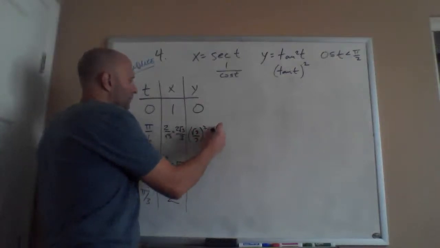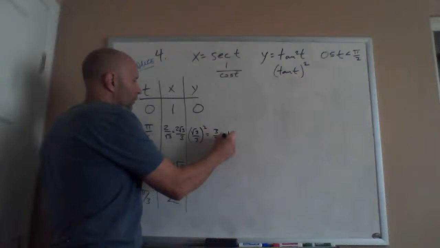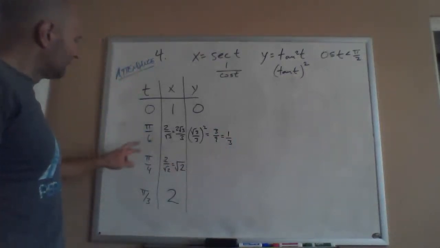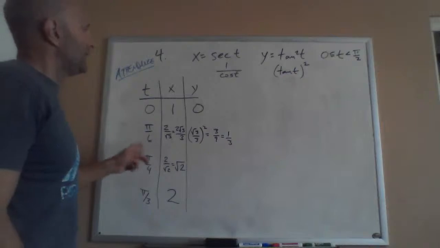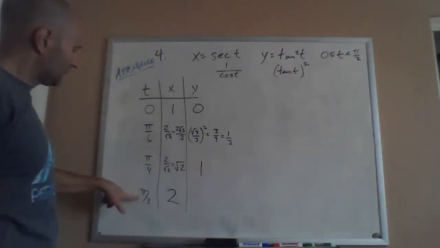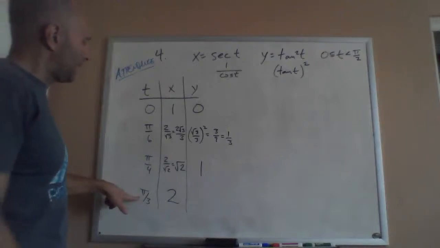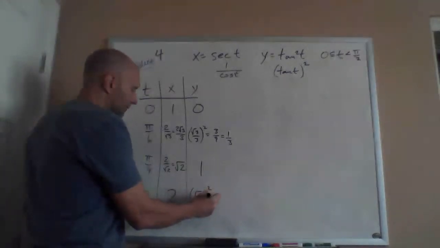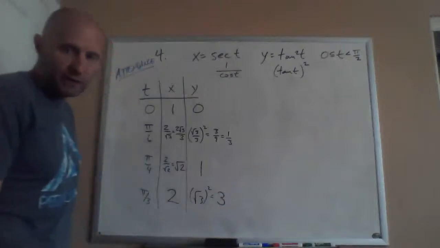Square that becomes 3 over 9, or 1/3. Pi over 4, tangent of pi over 4 is 1. 1 squared is 1. And tangent of pi over 3 is square root of 3. Square that becomes 3.